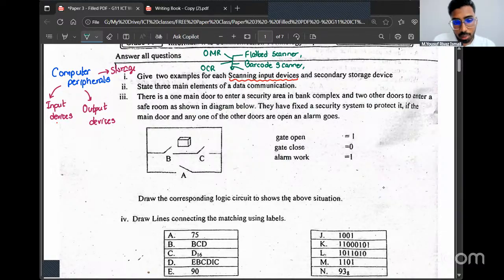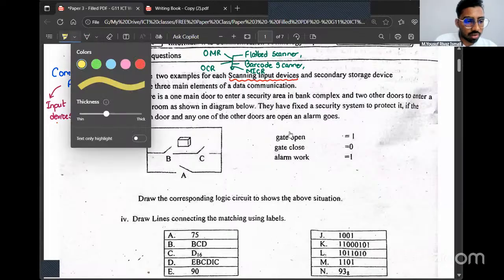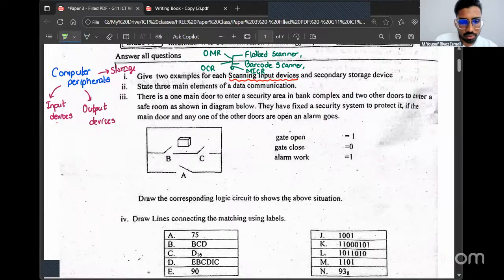To scan magnetic ink text, we have MICR, which stands for magnetic ink character recognition. So the scanners you have learned in your syllabus are these five: flatbed scanner to scan books, pages or papers; barcode scanner to scan barcodes; MICR to scan the bottom text in bank checks; OMR to scan your MCQ answers and mark them; and OCR to scan text from an image.